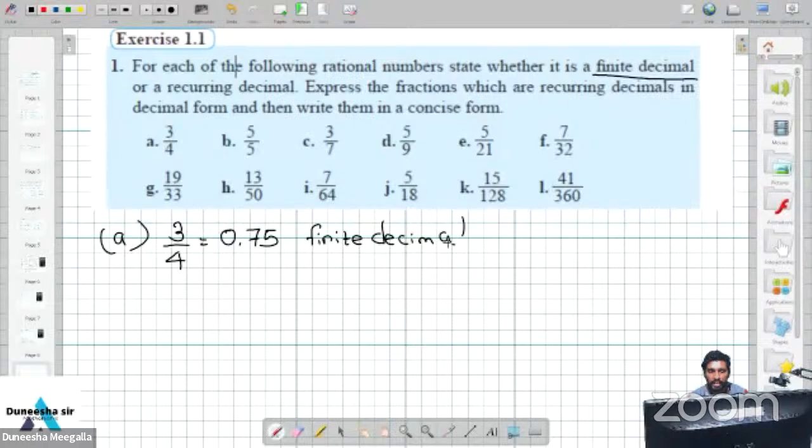Then is it finite or infinite? Finite decimal. Then can you do 1 to F?